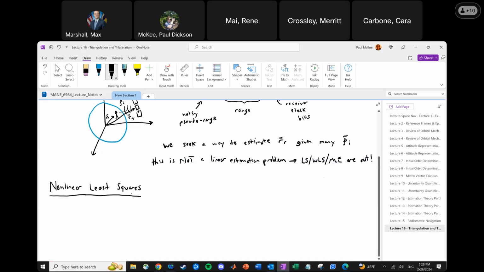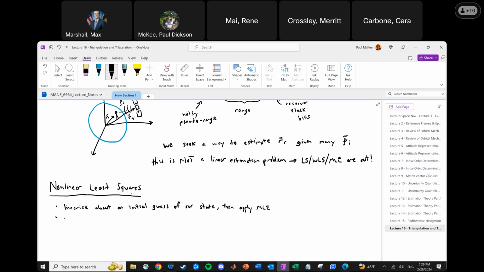So this is the basic MO. This is what we're after here. We're going to linearize about an initial guess of our state. Then apply the concepts of maximum likelihood estimation once it's been linearized.